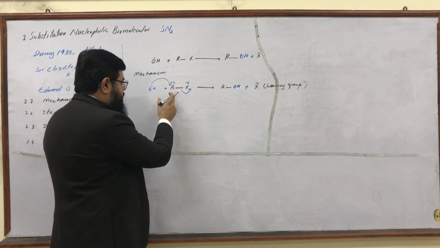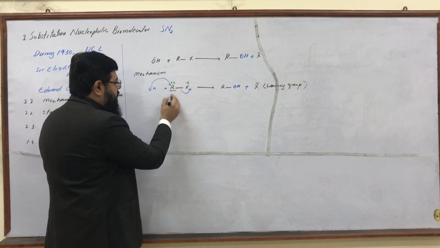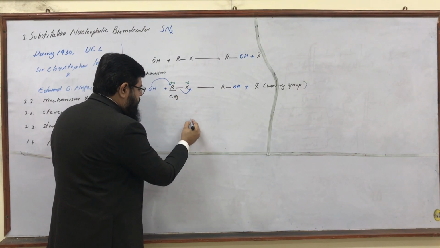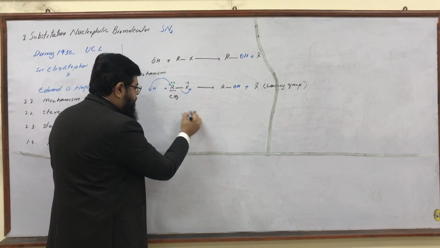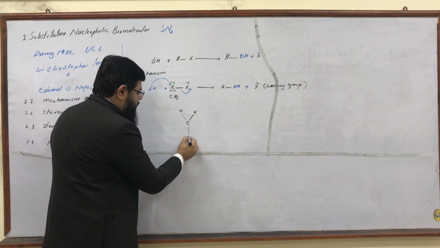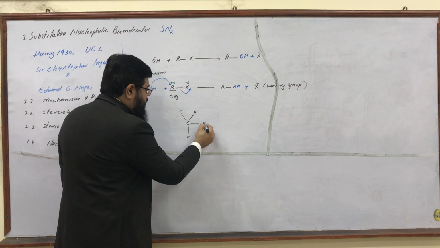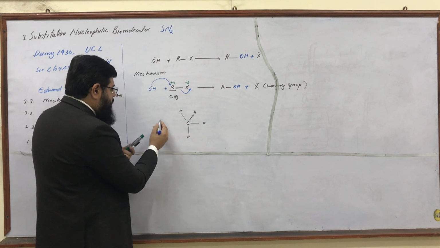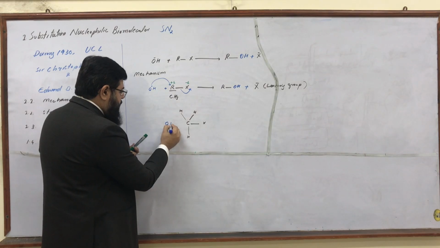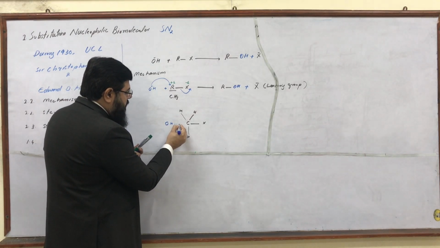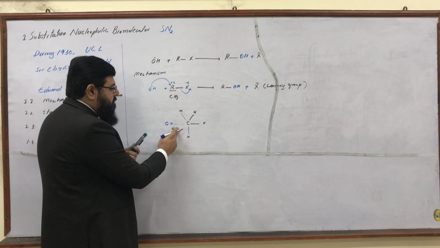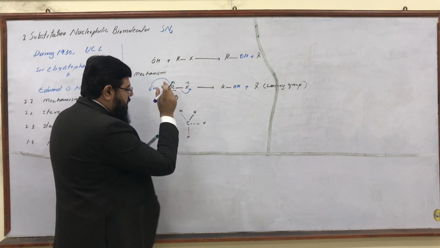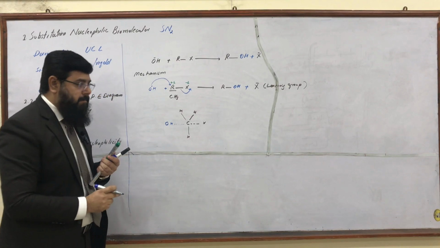What happens actually if we take the example of CH3X? This is a carbon, it has three hydrogens and here is its halogen part. When a nucleophile attacks this carbon atom, there will be development of a bond between the nucleophile and carbon, and at the same time the bond between halogen and carbon will start breaking.